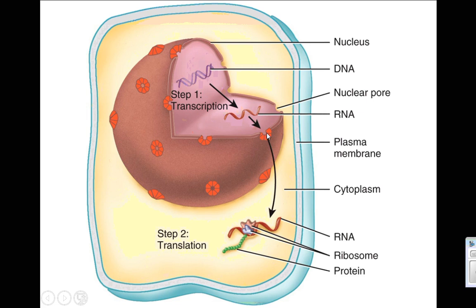RNA then leaves the nucleus through those nuclear pores and combines with ribosomes, is read and made into a protein through translation. If you take biology, you're going to learn about these in much greater detail. Both of those processes are very intricately controlled. Here, we're just really explaining what they are.